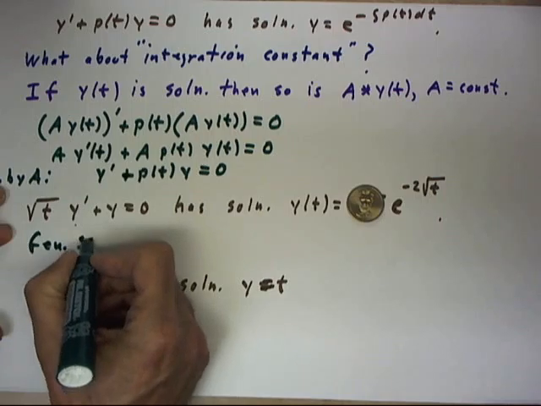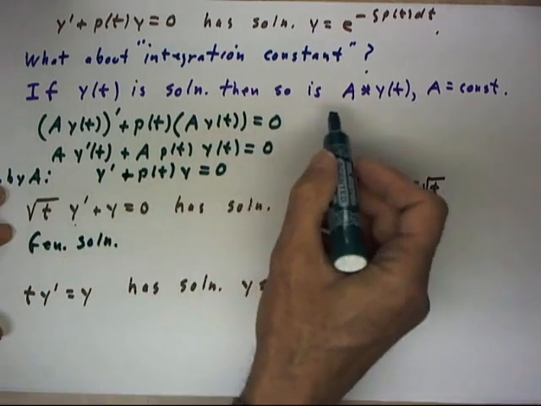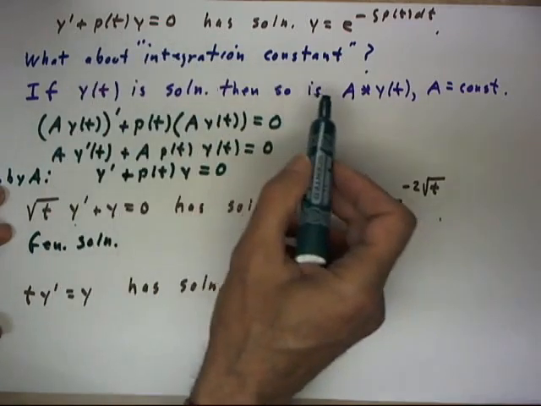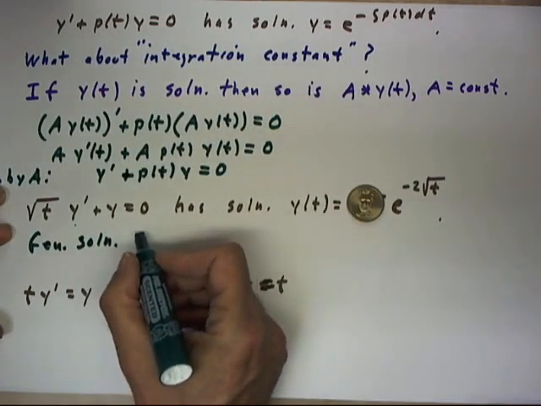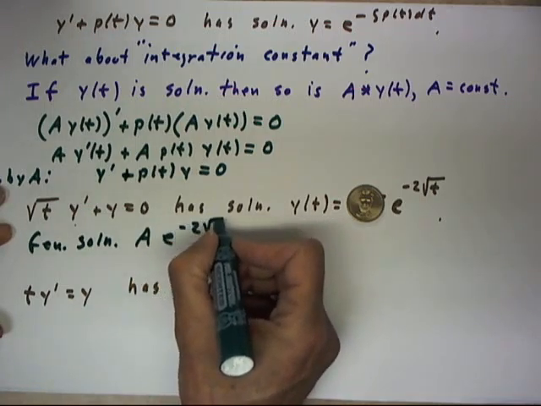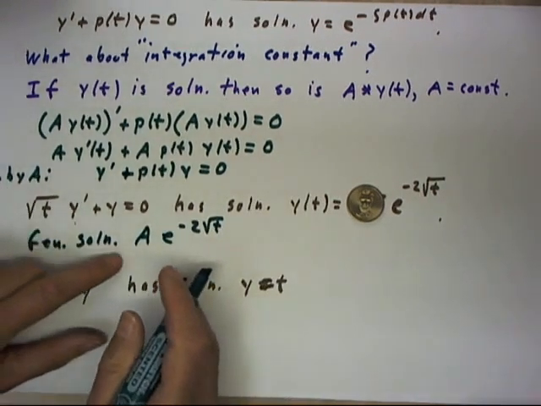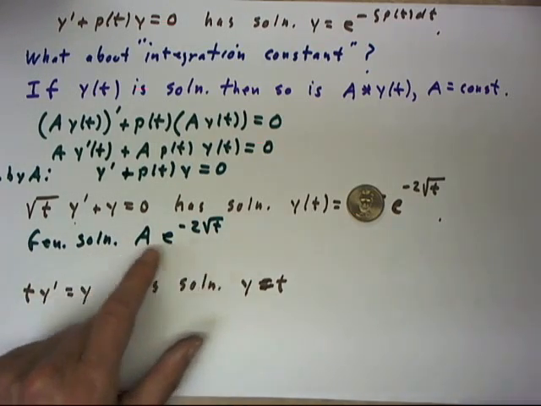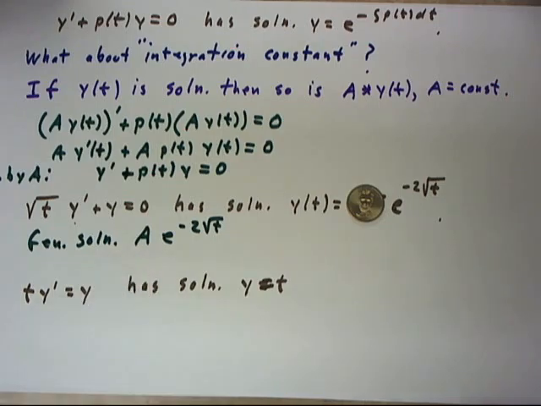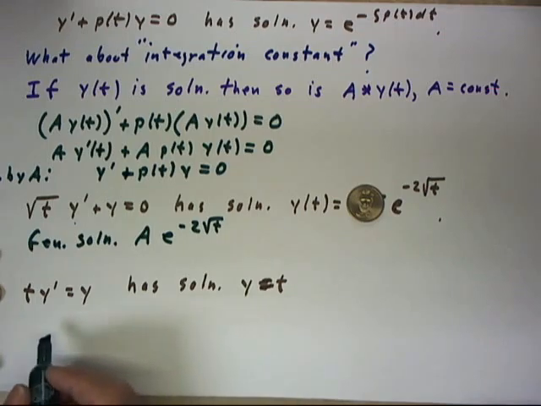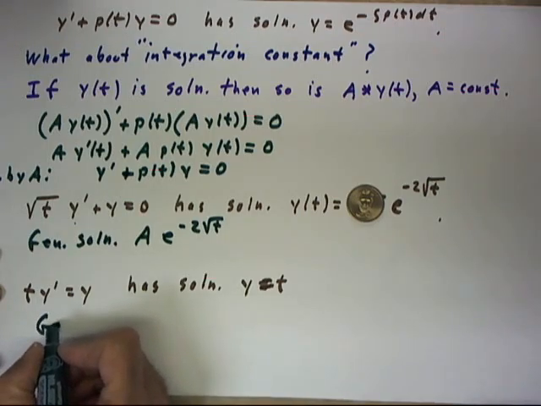General solution, well, if y of t is a solution to an equation of this form, then so is a y of t, so the general solution would be a e to the negative 2 square root of t. This would allow us to put an initial condition or some condition on our solution and adjust the constant a to fit the condition. Similarly, this equation had solution y equals t.